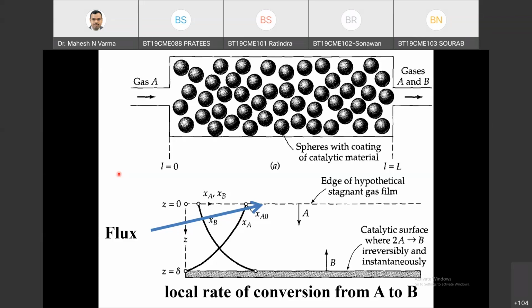So why is there no change in concentration in theta and phi direction? Because they are symmetrical. The problem is symmetric around X and Y. So this is an assumption.